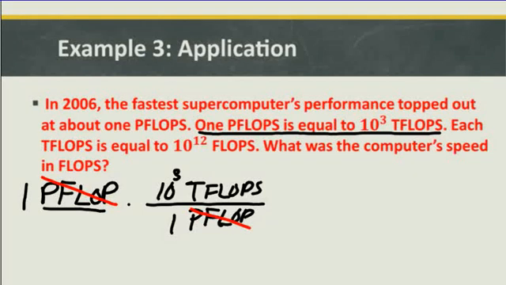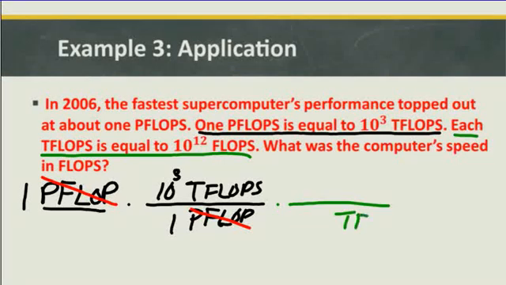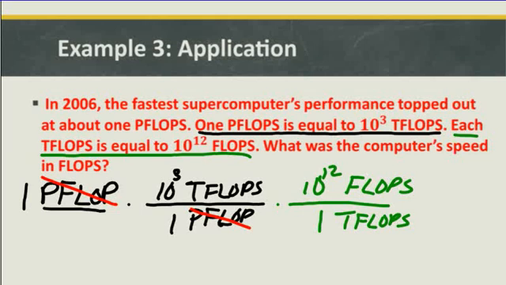Now I have teraflops. I need my answer in flops. So now I have to look at the next part. Each teraflop is equal to 10 to the 12 flops. I need to get rid of teraflops, so I need to have teraflops on the bottom. And there's 1 teraflop, and that's the same as 10 to the 12th flops. And that's the label I want in my answer.